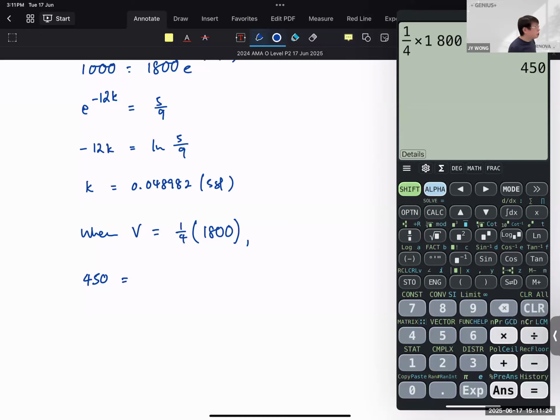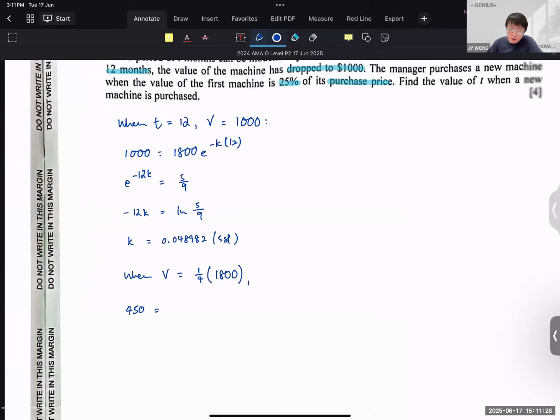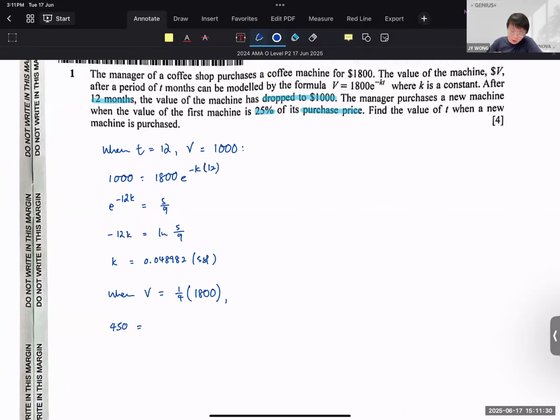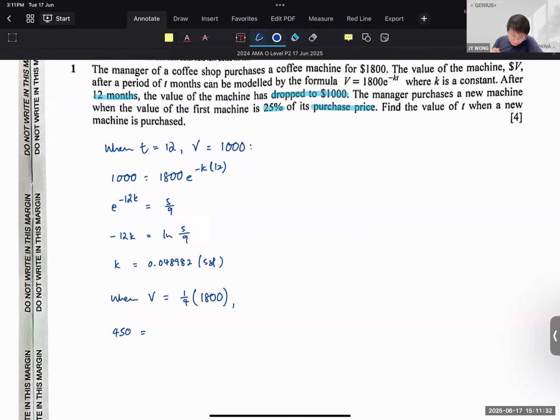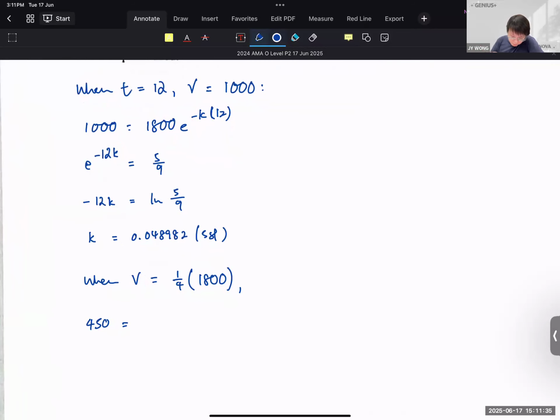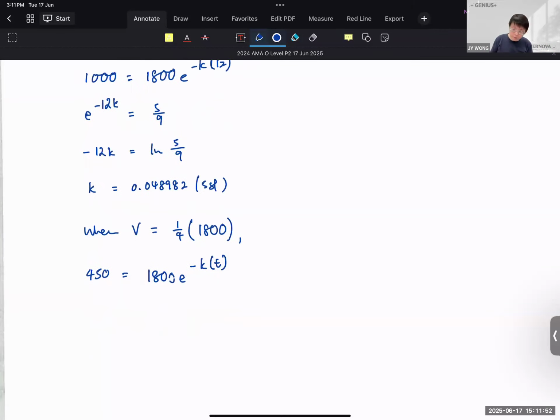My value of K is correct. Check for my random, weird, amazing calculation errors. Equals 1800 e to the power of negative Kt. I'm going to write K here because I don't want to write out that long string of numbers. It is acceptable to use K in an exam setting.